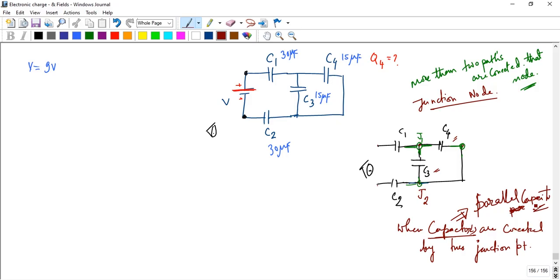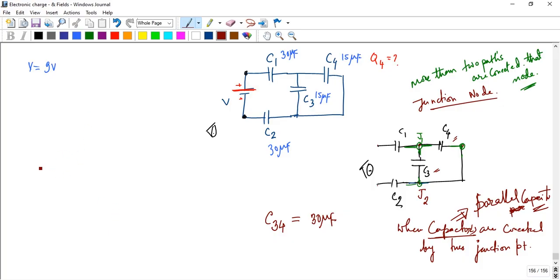Now combine these two parallel capacitors, C3 and C4, to get C34. You can choose any name, such as X, Y, Z, as you wish. Since they are parallel, they are added: 15 plus 15 gives 30 microfarad.